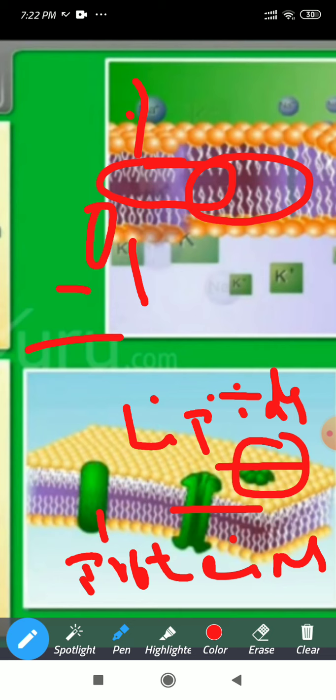Some scientists revealed that the lipids are somewhat semi-liquid in state, and in the semi-liquid state the proteins are floating, like icebergs floating in water in polar regions. Like that, in the lipid layer the proteins are floating. That's why this structure is called the fluid mosaic model.